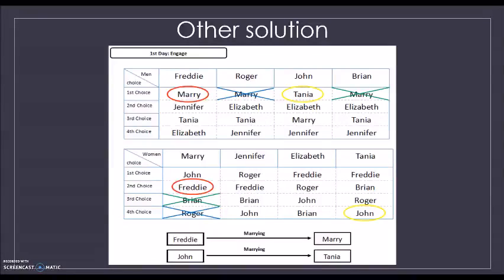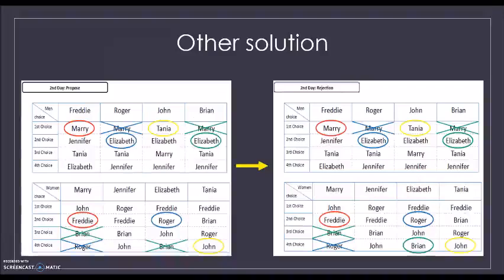So Brian and Roger got rejected, because they have to compete with Freddie, but Mary chose Freddie. And Jennifer and Elizabeth, no one chose them, so they have no partner yet. Here we have only two couples engaged, so we have to go to another day, another iteration.